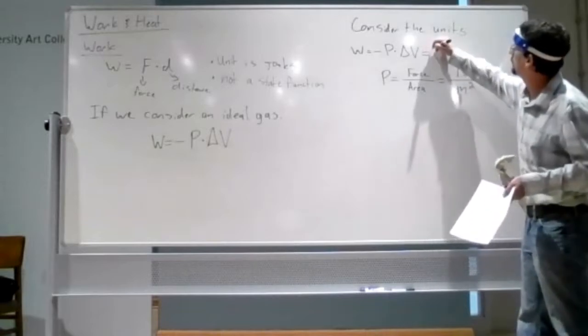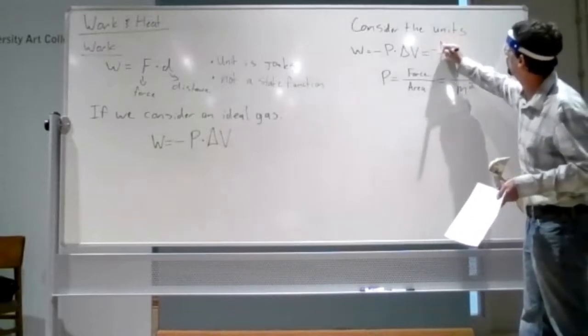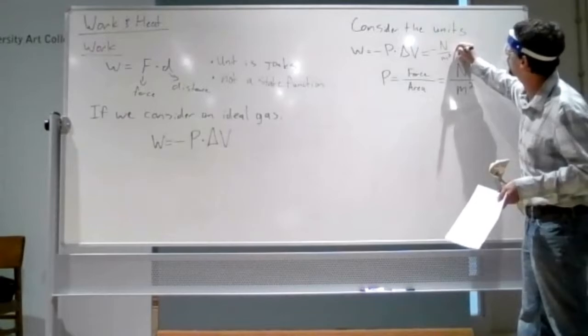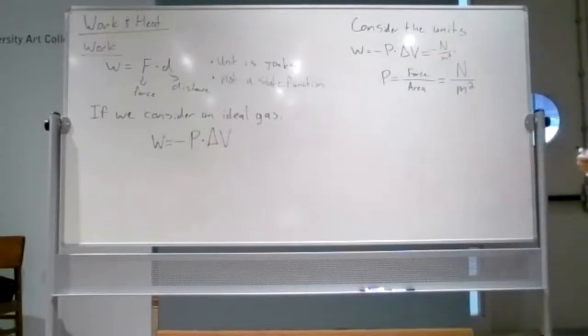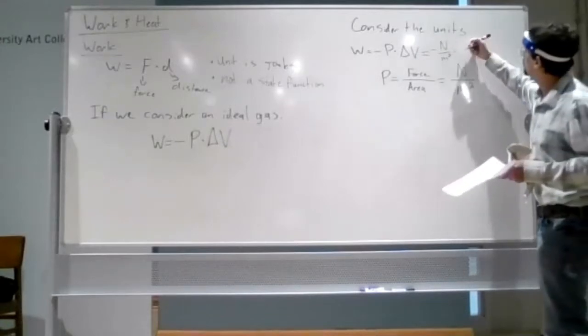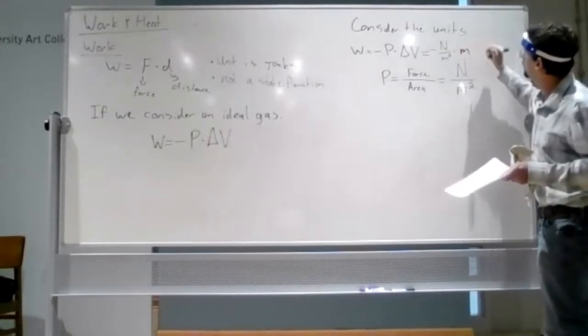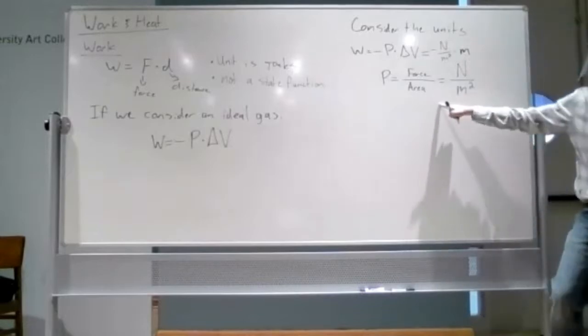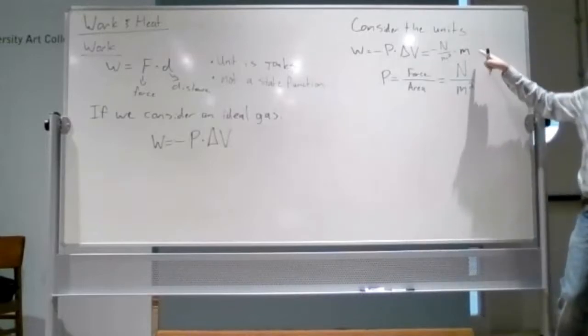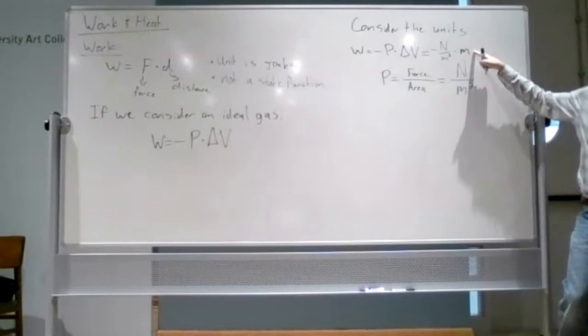So we'd have negative newtons over meters squared times, what about a volume? What will we keep track of a volume in? Meters. So this was an area, which was squared. What about a volume?